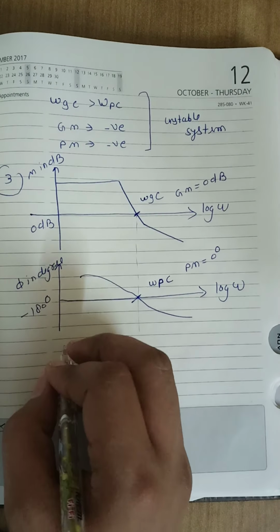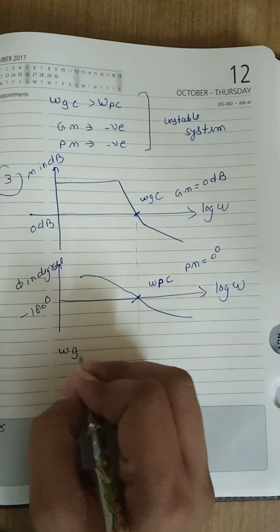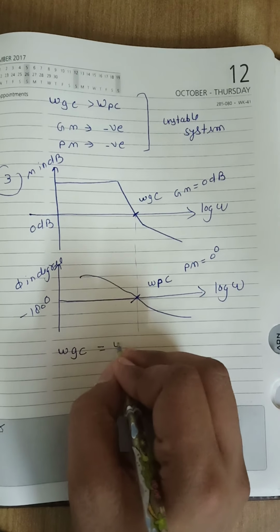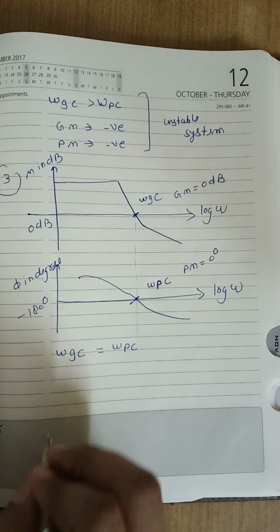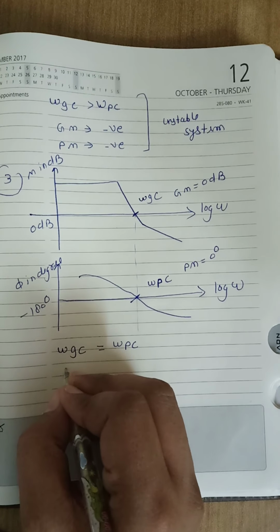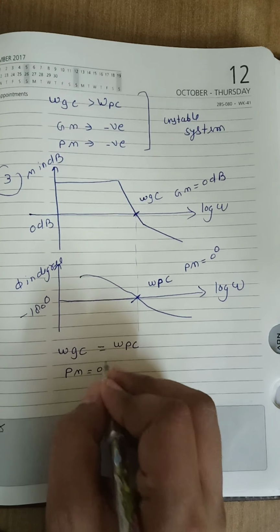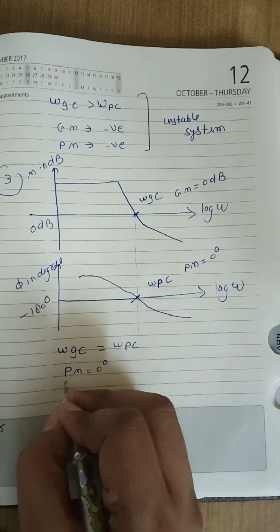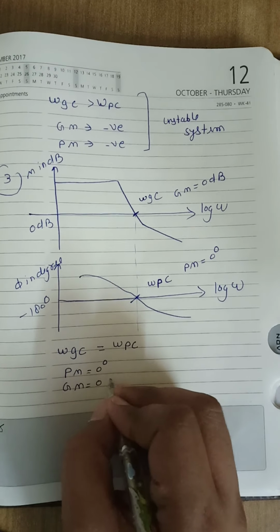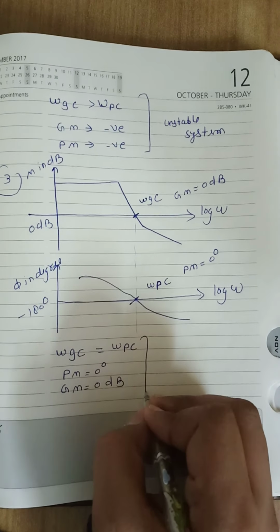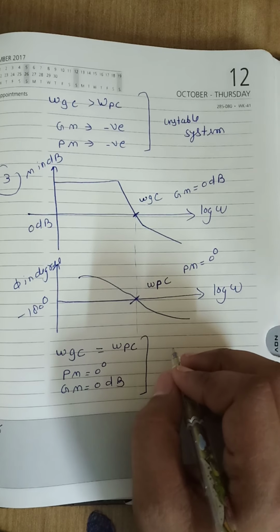So what is the conclusion? If we have omega GC equal to omega PC, or if you have 0 degree phase margin and 0 dB gain margin, in this case we have a marginally stable system.